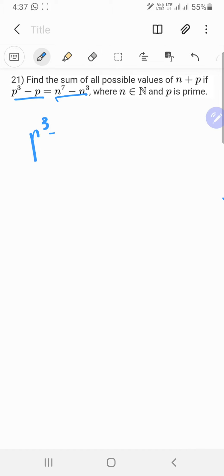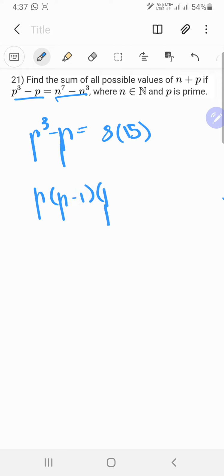So you get p cubed minus p is equal to, when you put n equals 2 in this, 8 into 2 to the power 4, which is 16, and then you got 15 over there. So you have p into p minus 1 into p plus 1, which is 3 consecutive integers, one of which is a prime.